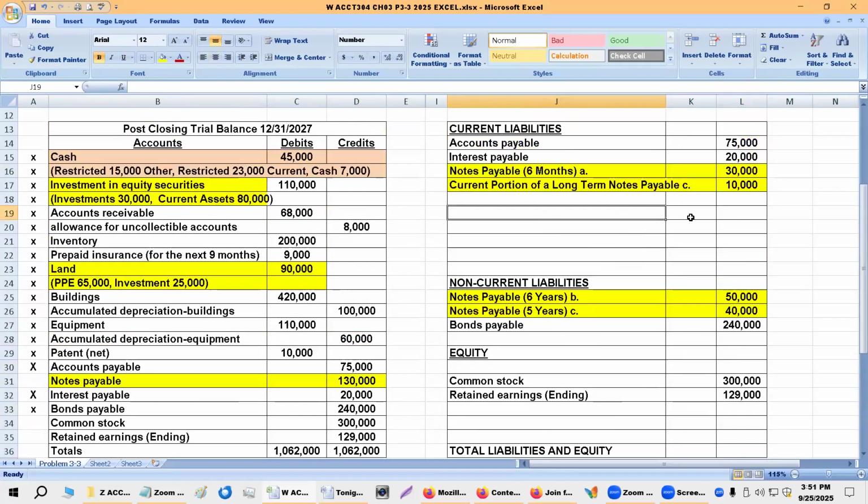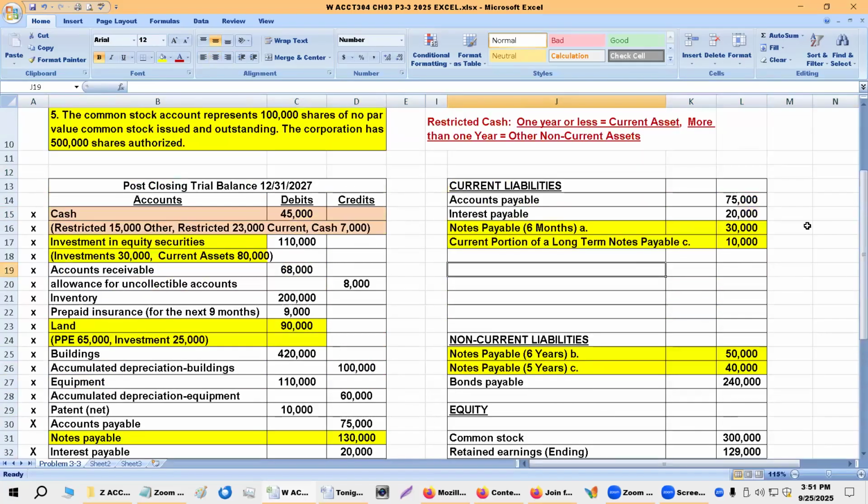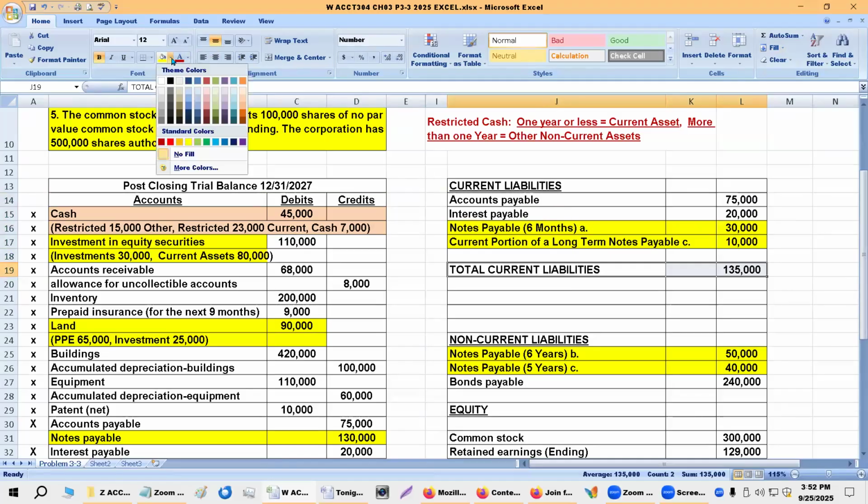So this will be total current liabilities.